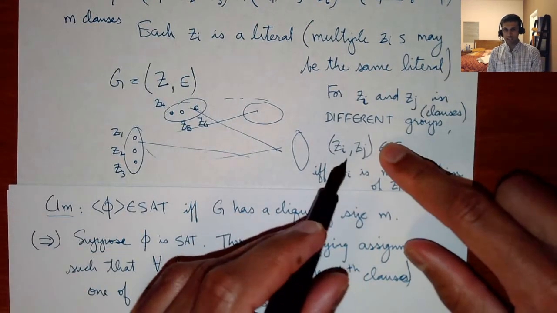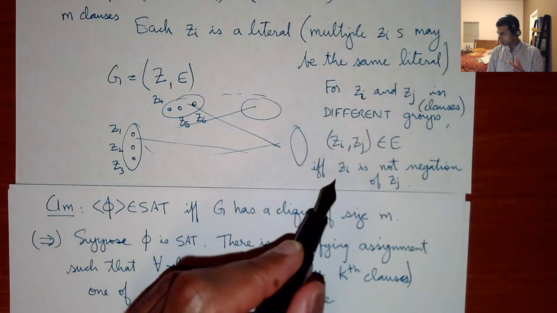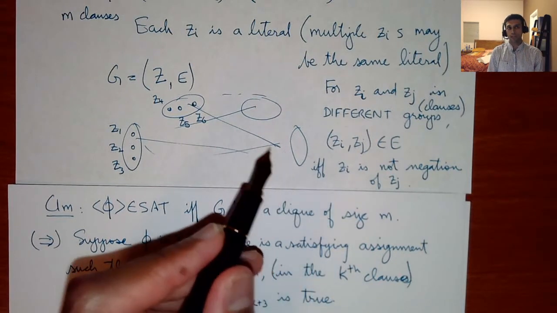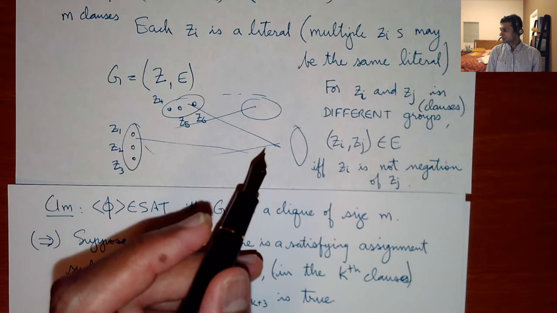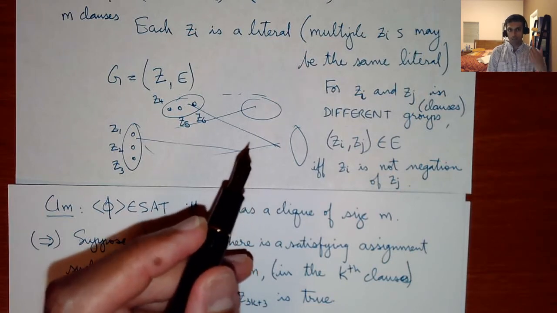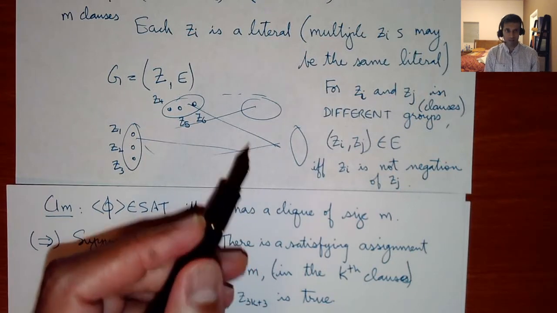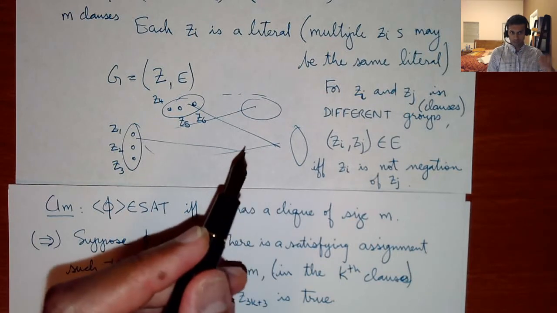Moreover, those vertices cannot be negations of each other. So essentially, they correspond to a satisfying assignment. From those vertices, you can read off a satisfying assignment. There exists an assignment that makes all of those vertices become true.